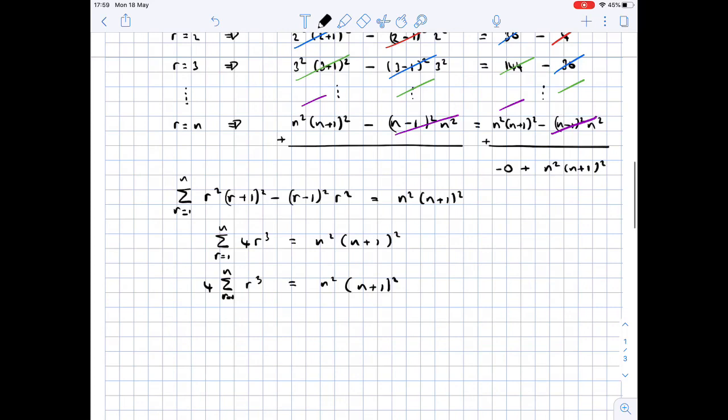Dividing both sides by 4 then gives us that the sum of the r cubed terms from the first term to the nth term is equal to a quarter of n squared, n plus 1 squared, and we have our result that we were looking for.